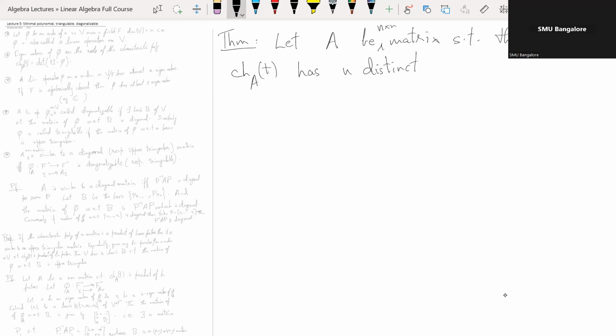As I said, sometimes you may have equal roots, but this has the good property that it has n distinct roots. That means in particular the characteristic polynomial is the product of linear factors. So the previous proposition tells you that A is certainly similar to an upper triangular matrix. But if this happens, then A is diagonalizable.